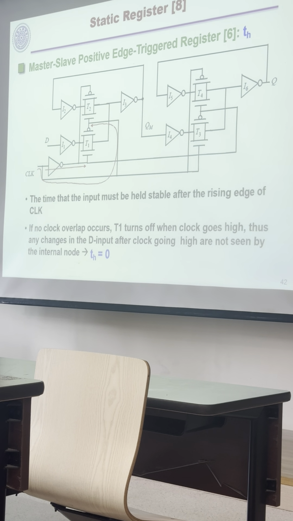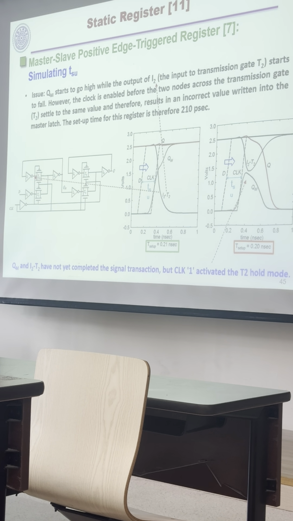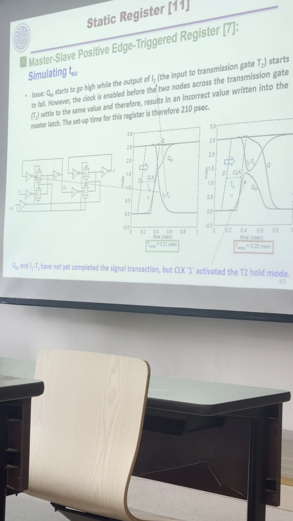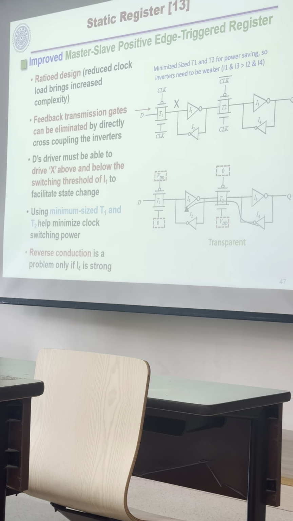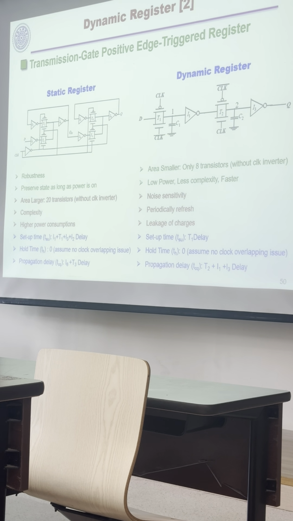Hold time sometimes, if you assume the clock is a slow drift, but the clock will sometimes drift here. Some problem here, in this static. Okay, dynamic here. Dynamic operates in this circuit.